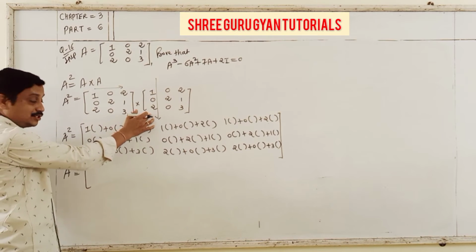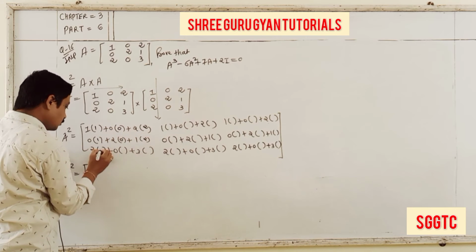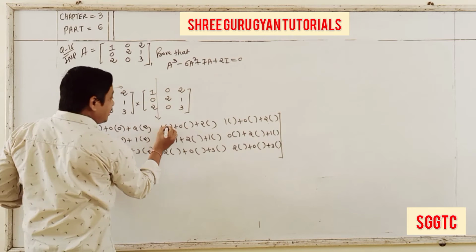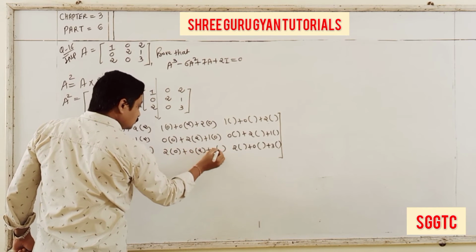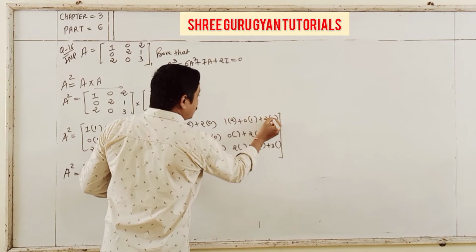First column element 1 0 2 here applied. Second column element 0 2 0 here written. Last 2 1 3 here. 2 1 3.